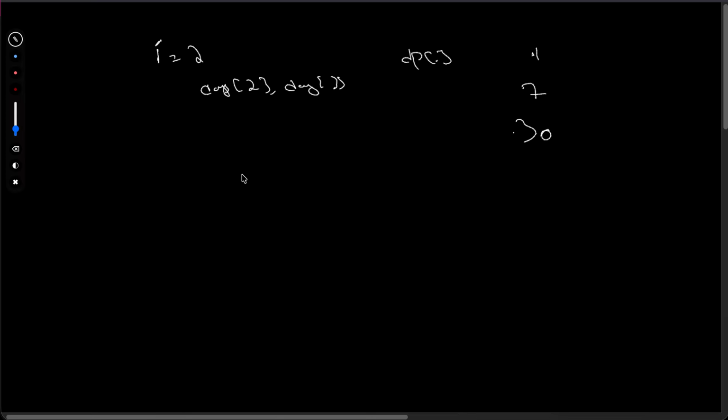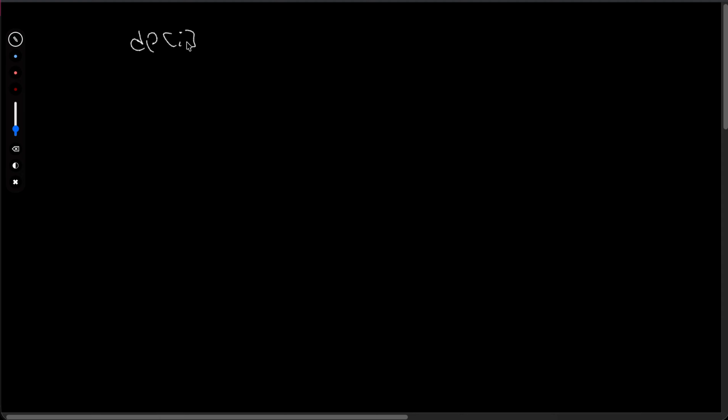So see, recurrence becomes dp of i is the minimum of cost of 1 day plus dp of i plus 1.